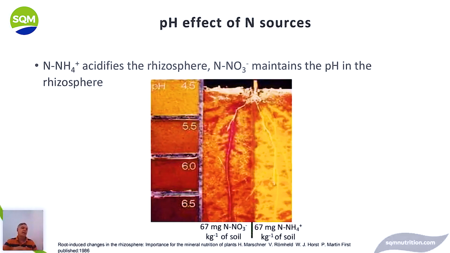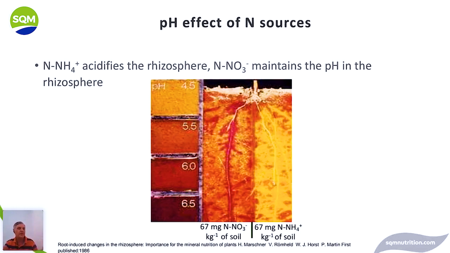Another point to consider is the effect on pH. When you have ammonium, we have an acidification effect on the rhizosphere. And when you have nitrates, we have a stable pH on the rhizosphere. Now, if you look at this photo, it is a scientific study where half of the root system is fed with ammonium, and the other half of the root system fed with nitrate.